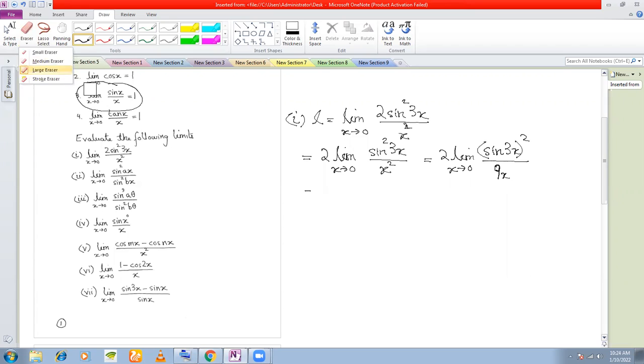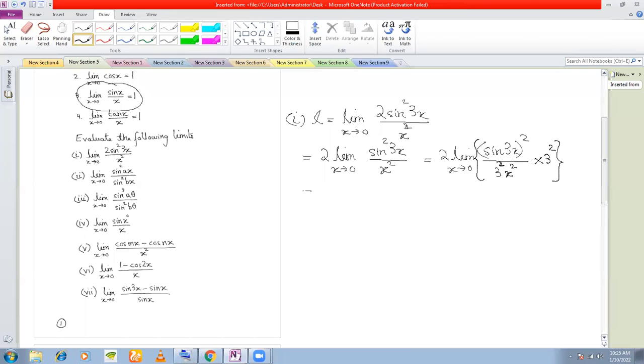Or better, because I have sine square 3x, I'm going to write the denominator as 3 square x square. Because I have taken this 3 square extra in the denominator, I'm also going to multiply by 3 square. Any questions on this step?